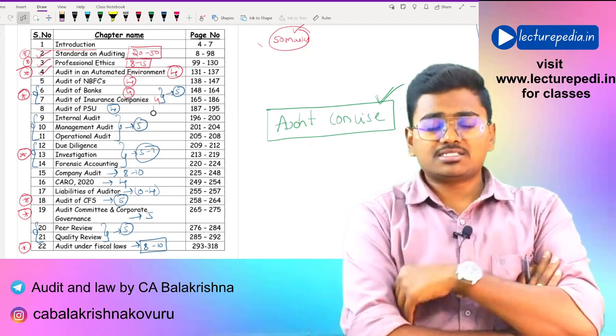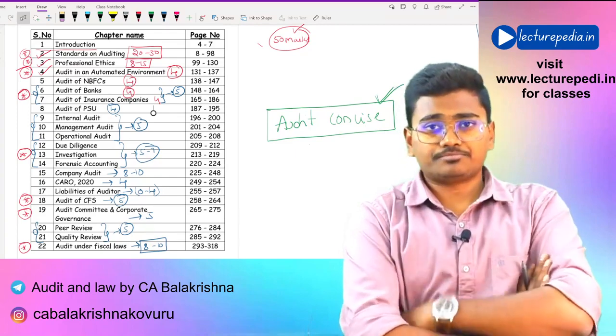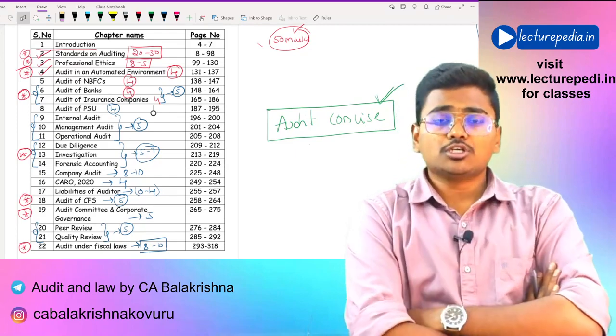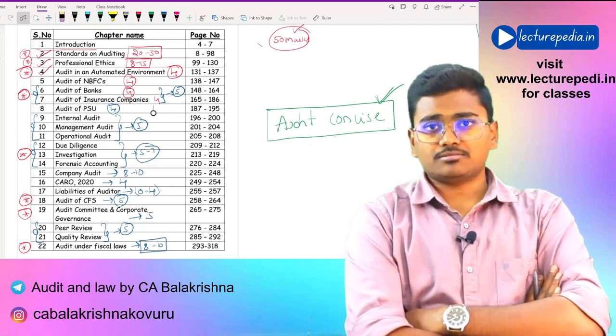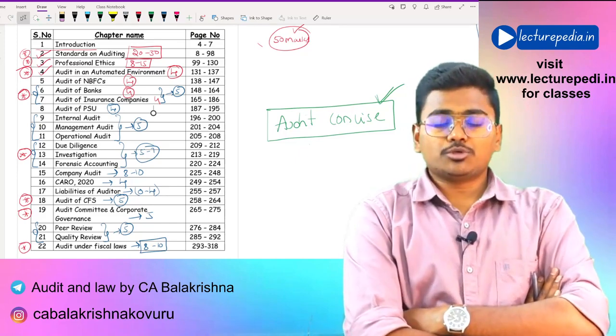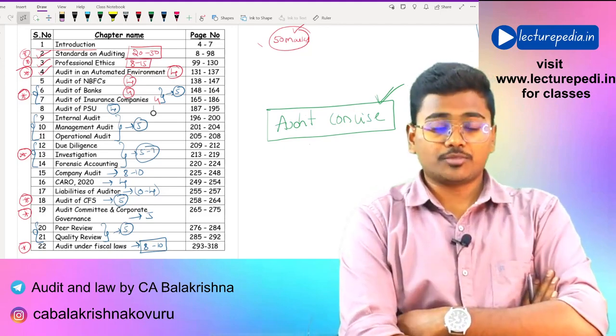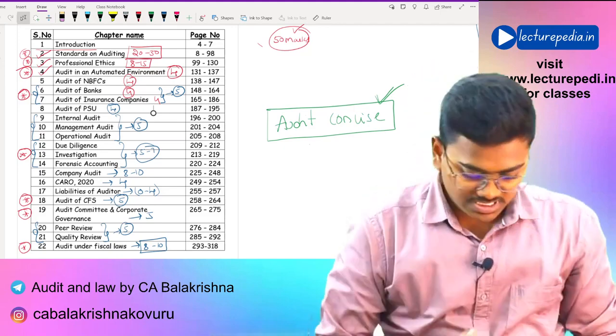In that auditing standards folder, I will provide you the sequence. In the same sequence you watch these auditing standards lectures, because if you don't follow that sequence, you will not be able to understand the standards, you will not be able to interlink the standards. Hope that is clear. You please follow that sequence.